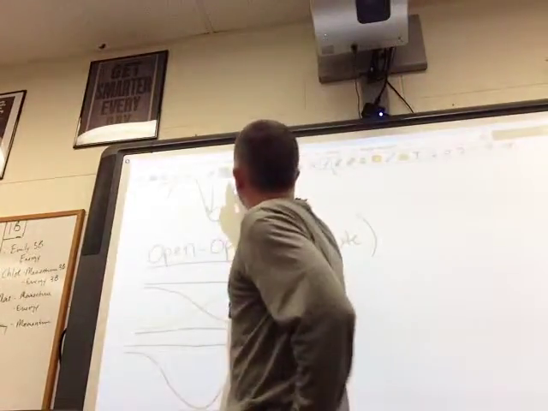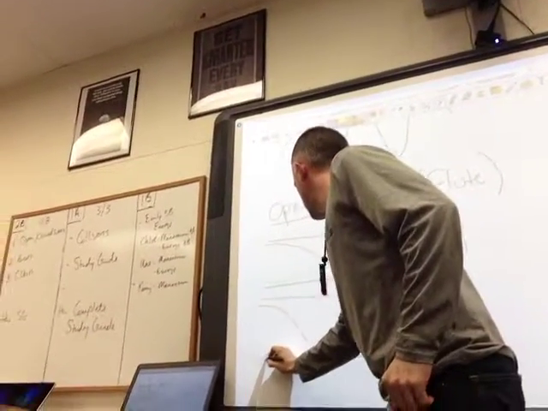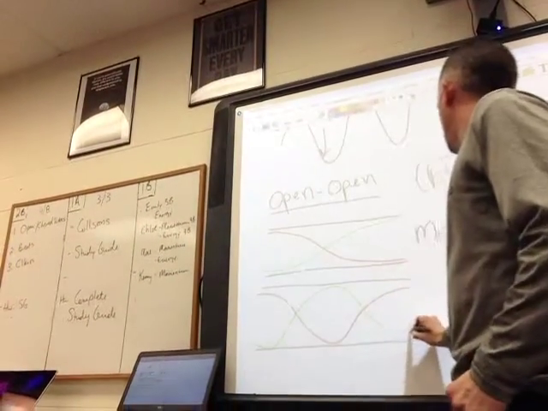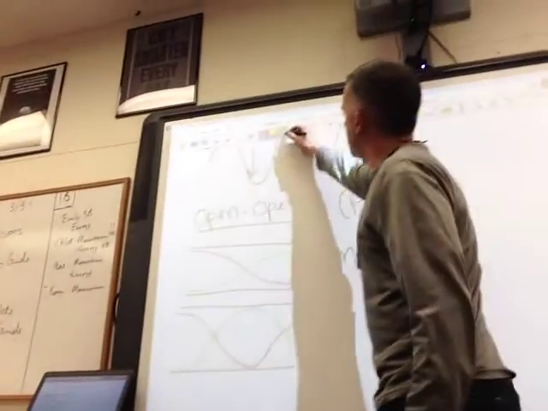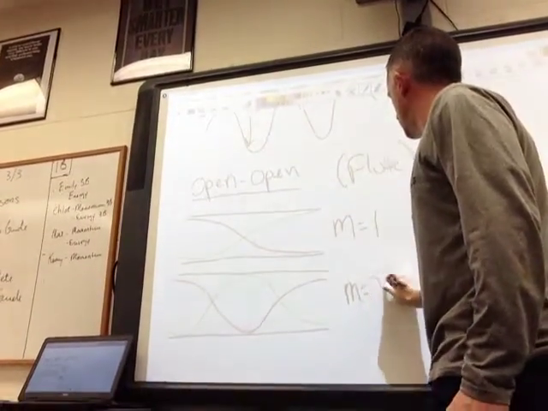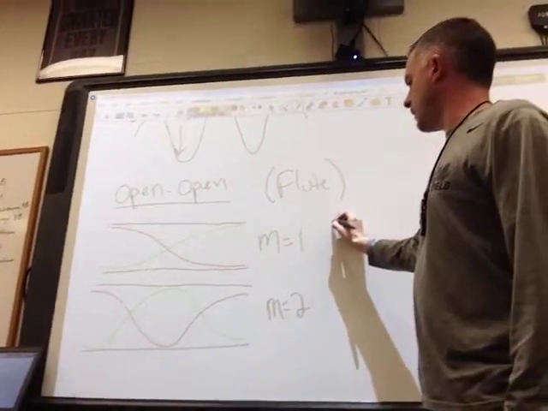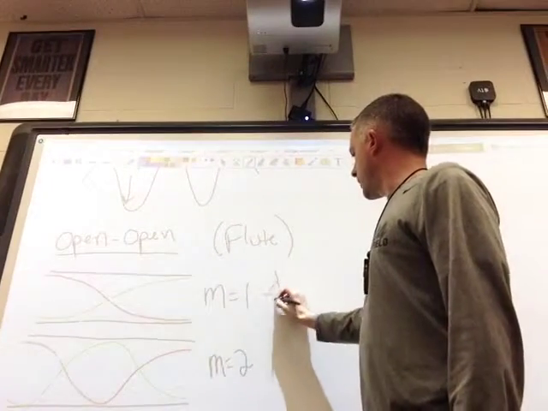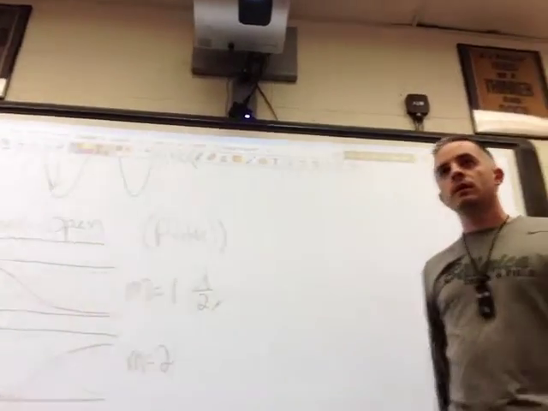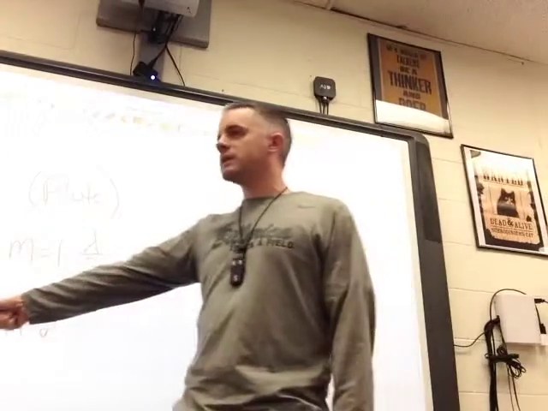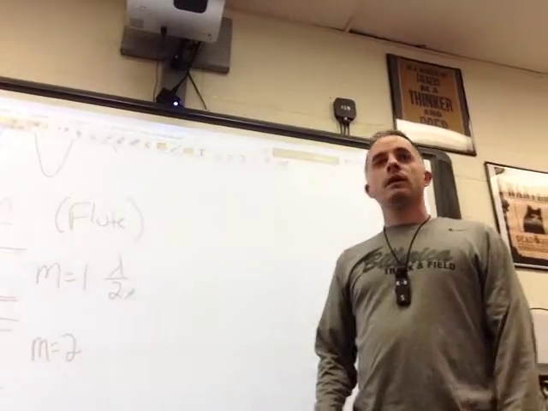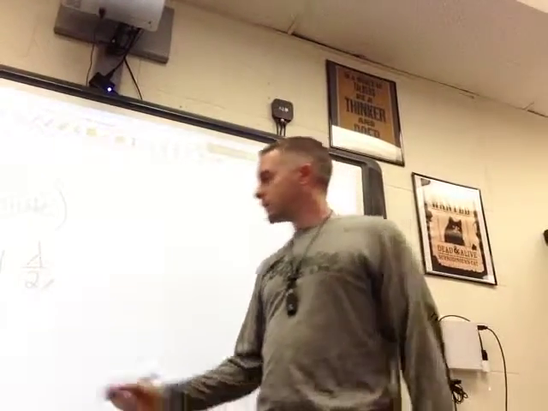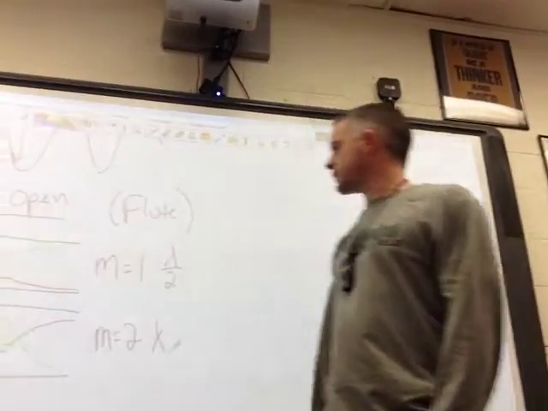If I do this one, it's okay. And this would be the second mode, mode number 2. The first one would be half a wavelength. How much of a wave is this? That's a full wave, right? So this would be a full wavelength for this one.